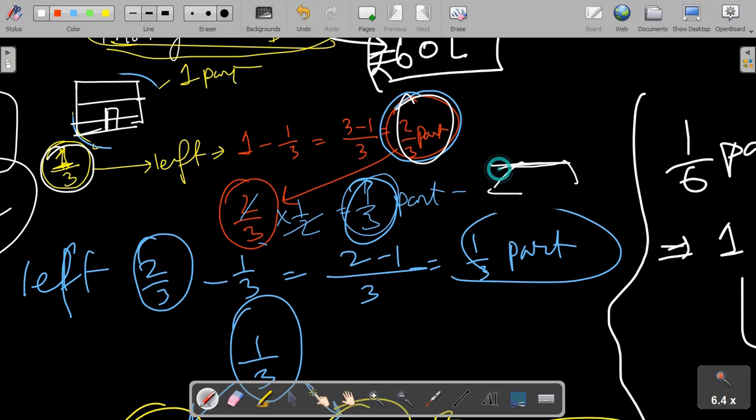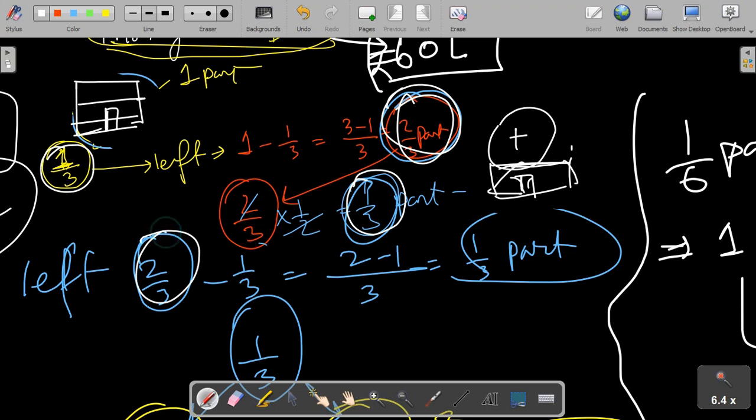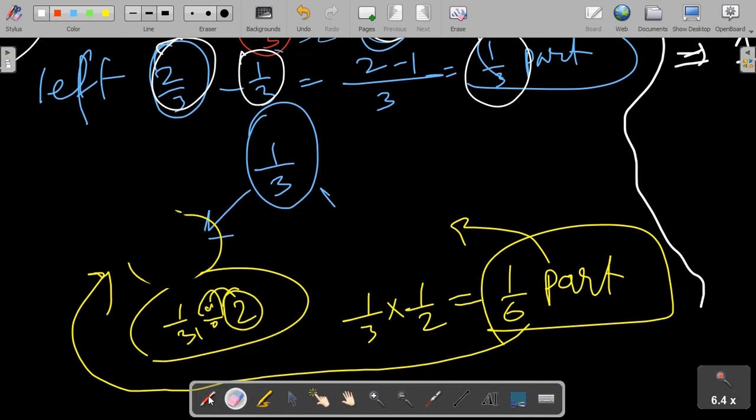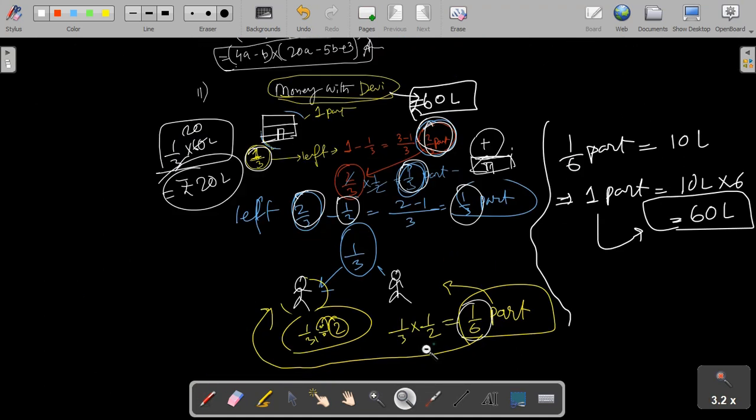So the hospital got 1/3, and from 2/3, 1/3 is gone, which means subtraction, so 1/3 is left. Then she distributed this money to daughter 1 and daughter 2, so each daughter got 1 by 6 part of the total money.